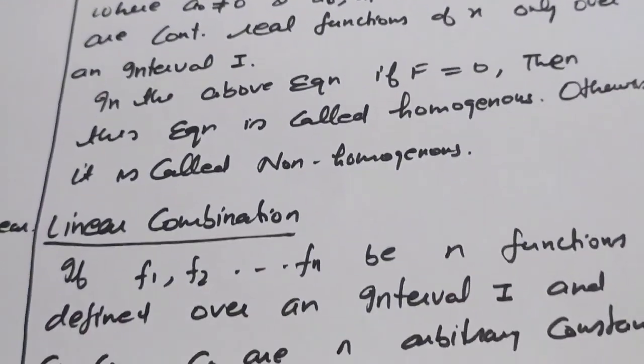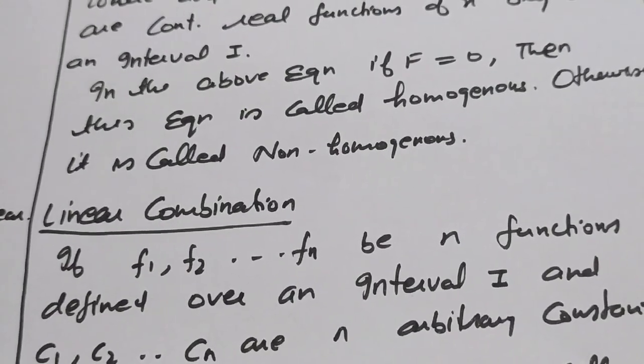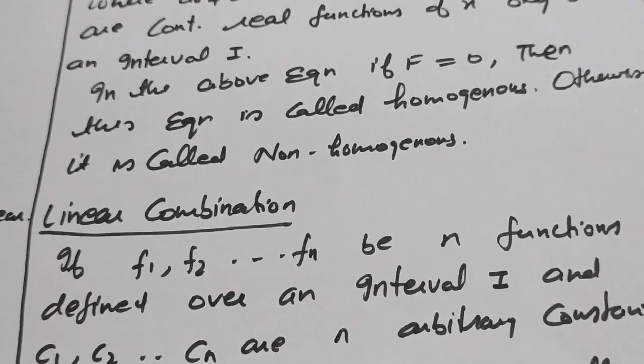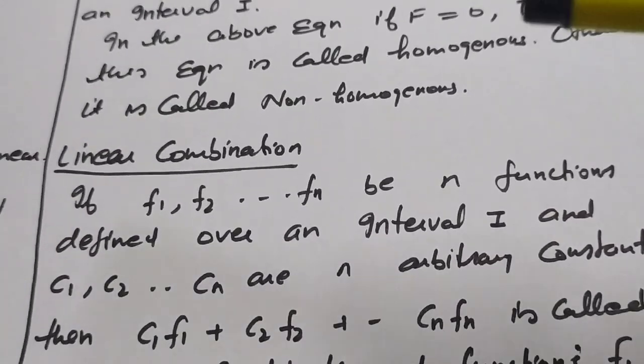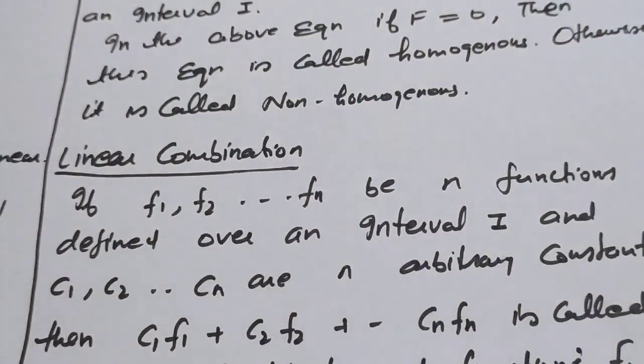Third one, linear combination. What do you mean by the linear combination? Let I have n functions f1, f2, and so on fn.